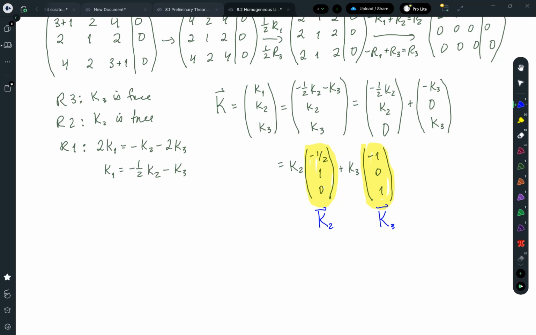They don't point in the same direction. The fact that they do not point in the same direction is why they are linearly independent, because the K2 vector and the K3 vector point in different directions.